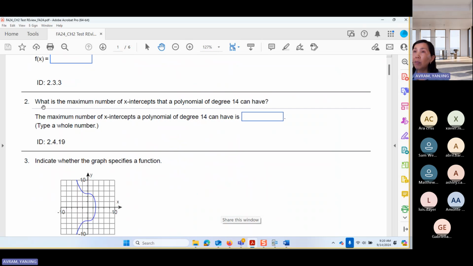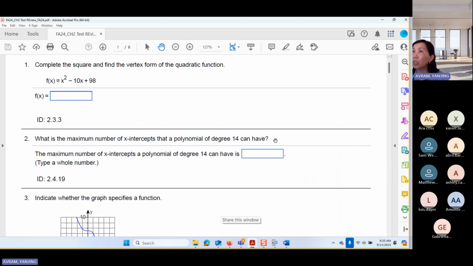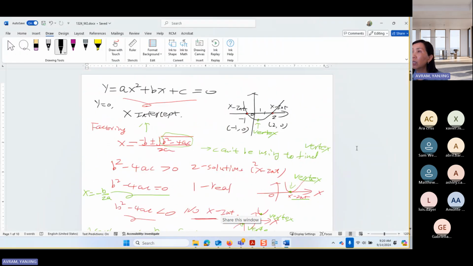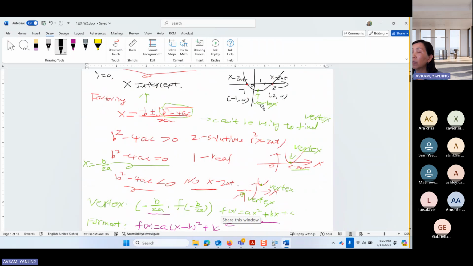Okay, so number 2, what is the maximum number of x-intercepts that a polynomial of degree 14 can have? All right, so if you have the x-intercept, look at this quadratic I just drew right here.